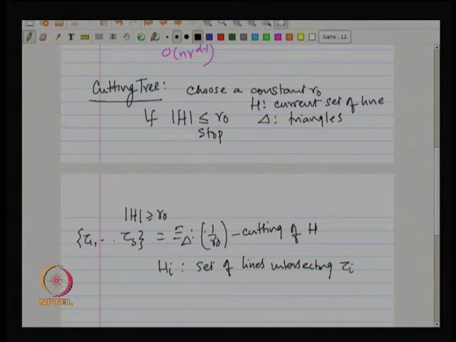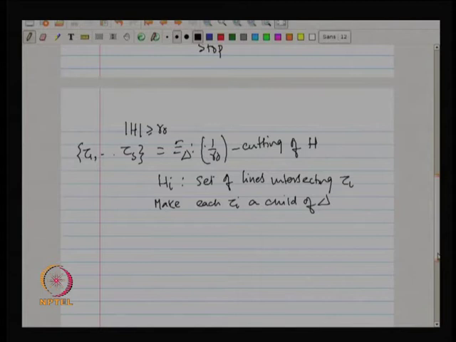Okay. Make each tau_i a child of delta, and then you compute the cutting tree recursively on H_i and tau_i for all i.